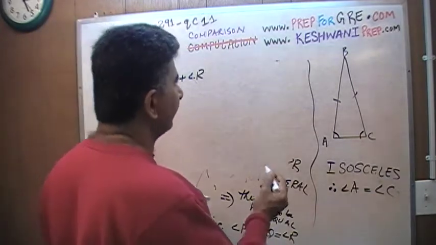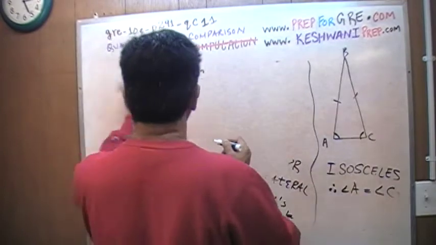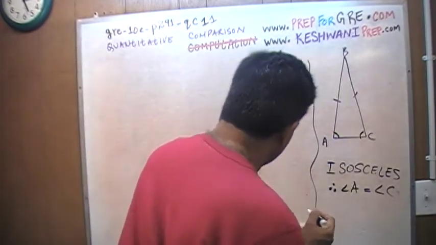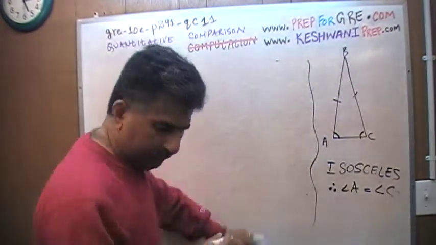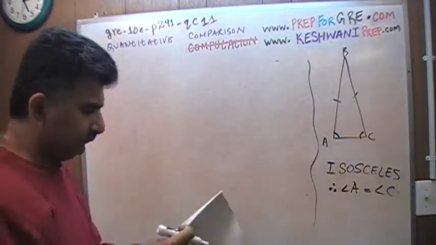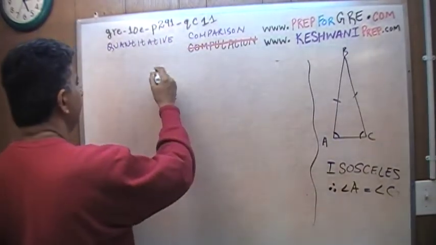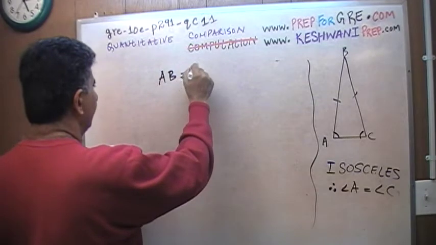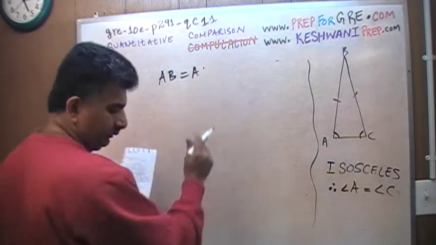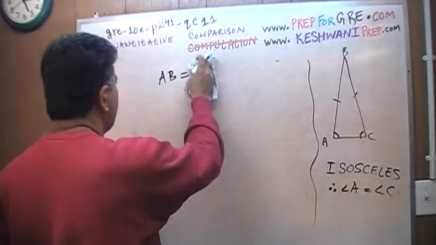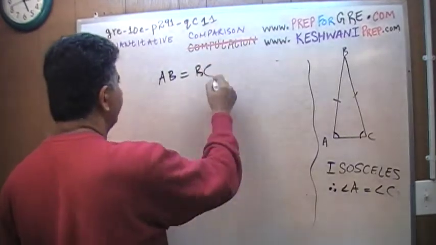See, this is what they're telling us. They're telling us that AB equals BC.